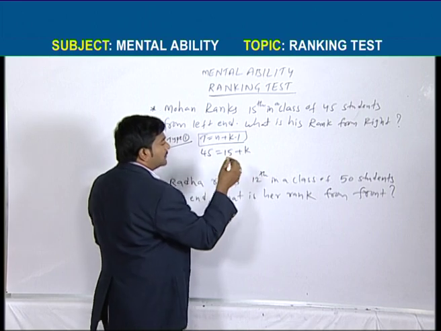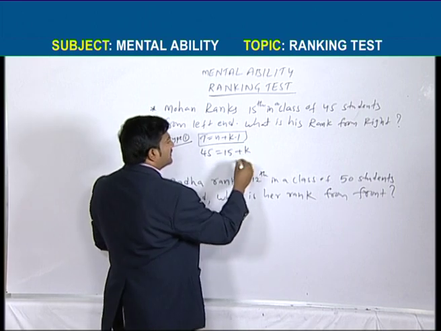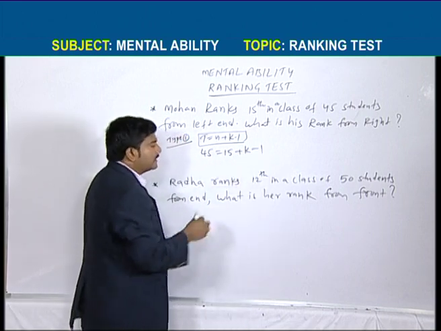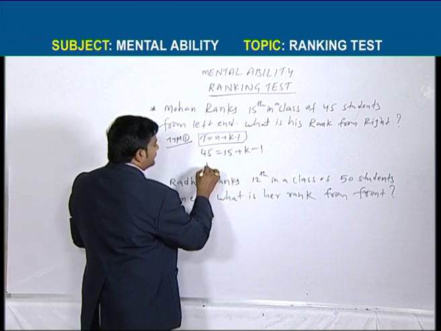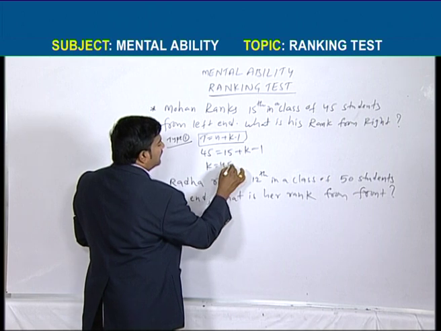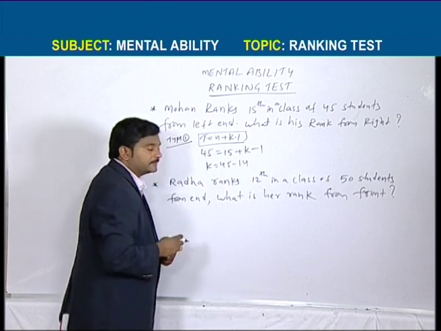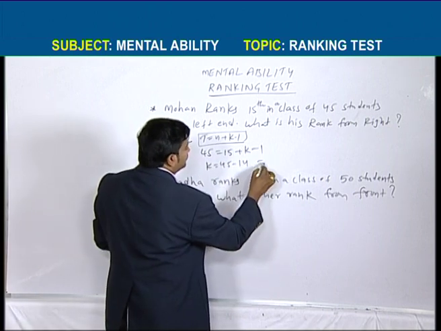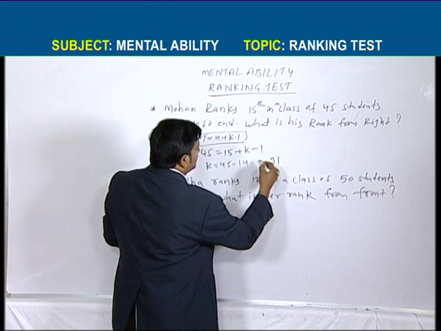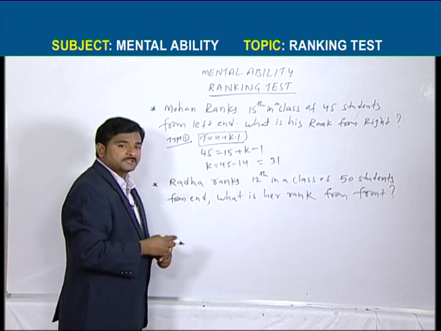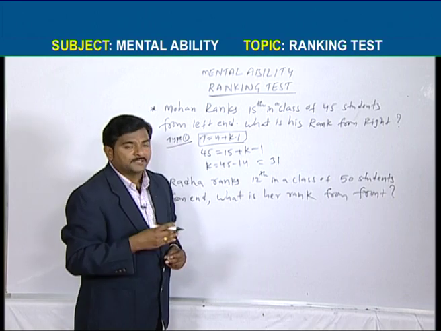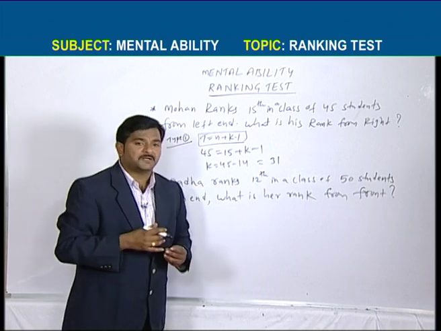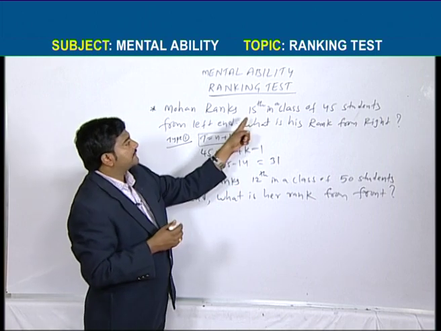I have to find out the position of the same person from other end, minus 1. Okay, so 15 minus 1, what I am getting? 14 I am getting. So here k is equal to 45 minus 14. 45 minus 14. So here how much I am getting? 31 I am getting. What does it mean? The position of the Mohan from right end is how much I am getting? 31 I am getting. What about his rank from left end?